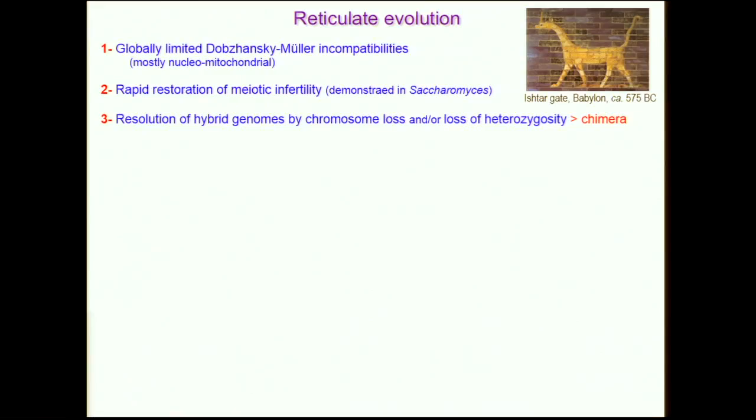So just to conclude about that, all of the experiments have shown that, in fact, the incompatibilities predicted by Dobzhansky-Müller have not extremely frequently occurred, at least the dominant one, and they are mostly nucleomitochondrial.